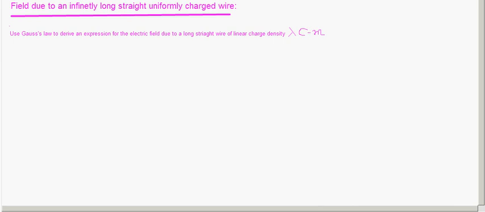So given, you have to derive an expression for the electric field due to a long straight wire. So we will consider a long straight wire. Long means it is infinitely long.